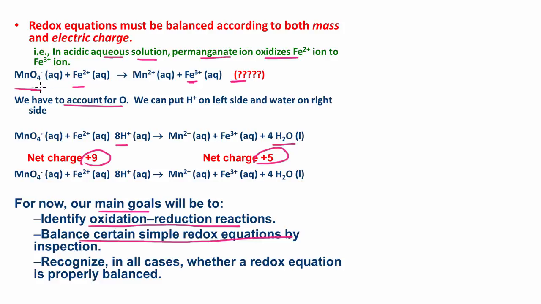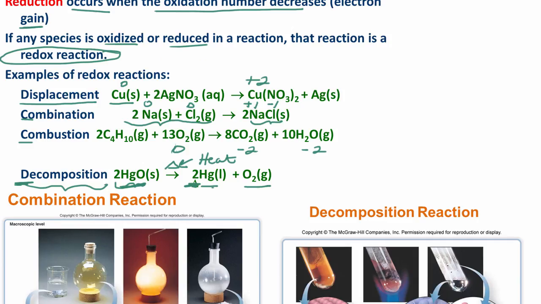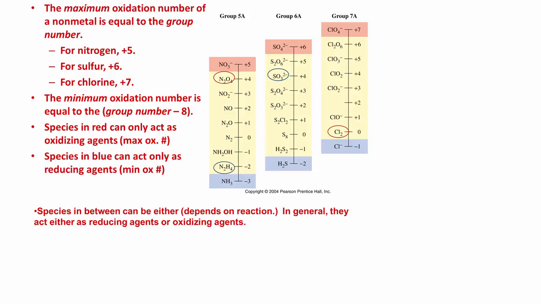But this one's a little different because, again, we have oxygen on this side and no oxygen on this side. I'll show you how to balance an equation using the half reaction method.